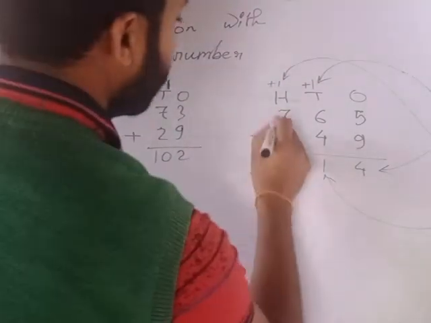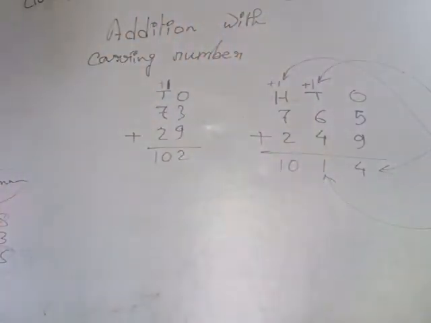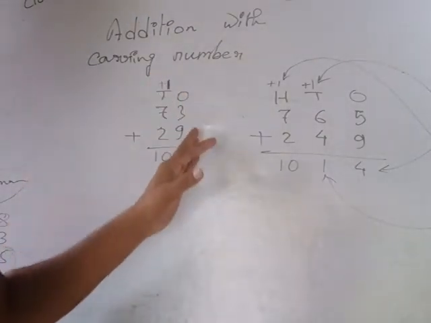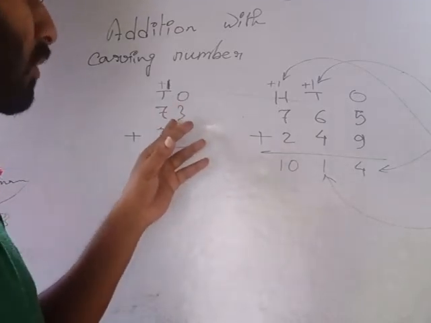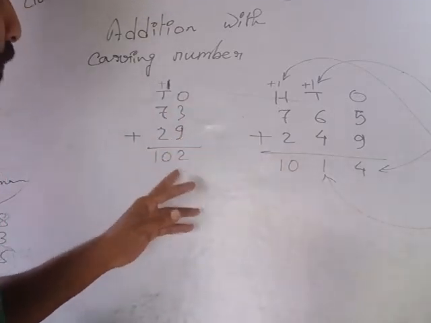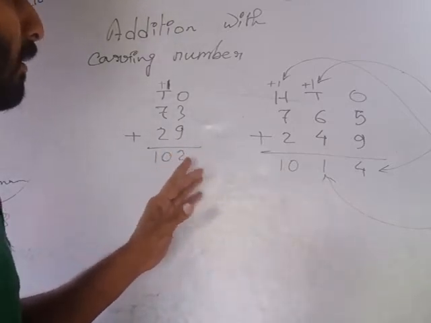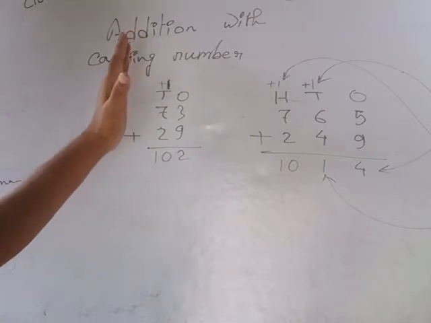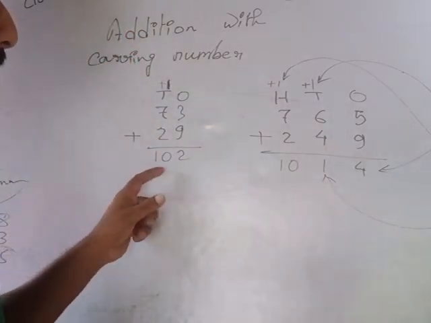That means 7 plus 3, that is 10. Do you understand? If the addition of the digits is more than 9, we should write the ones place digit here and the carrying number goes to the next left and is added with those numbers.